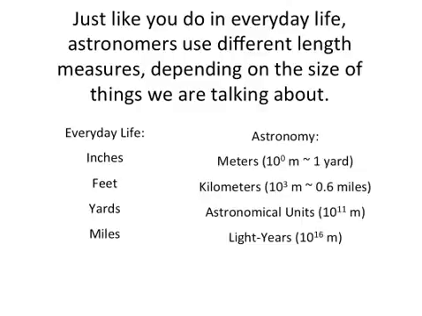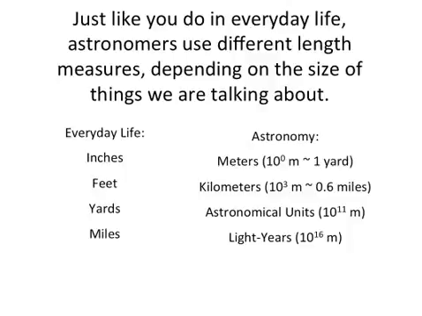And the units that astronomers tend to use, well, we do use meters for small things. 1 meter is about 1 yard. We'll use kilometers. 1 kilometer is about 6/10 of a mile. Kilometers are good for measuring distances that we would measure in miles if we were using English units.